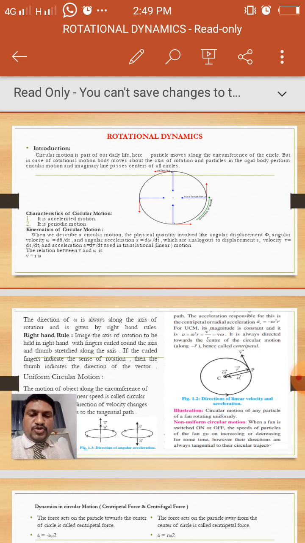Number one, uniform circular motion, and number two, non-uniform circular motion.